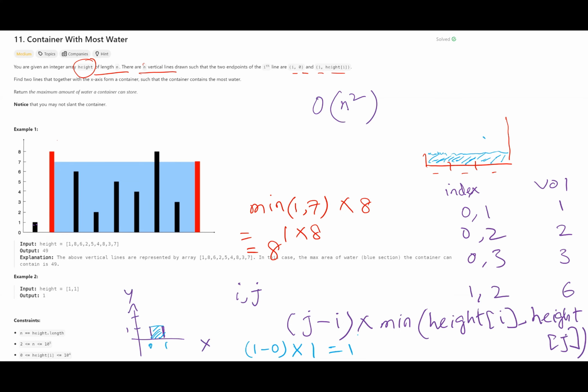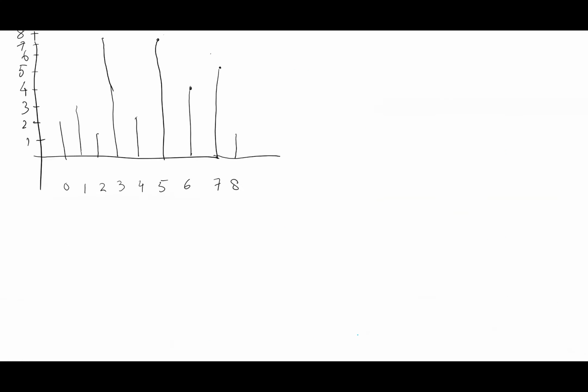Now, by now we have the intuition that if we have a container of two different wall sizes, then the amount of water is going to depend on the wall that has the lower height. And we know how to calculate this. So why don't we try to do it in a more efficient way? We can use 2 pointers, right?